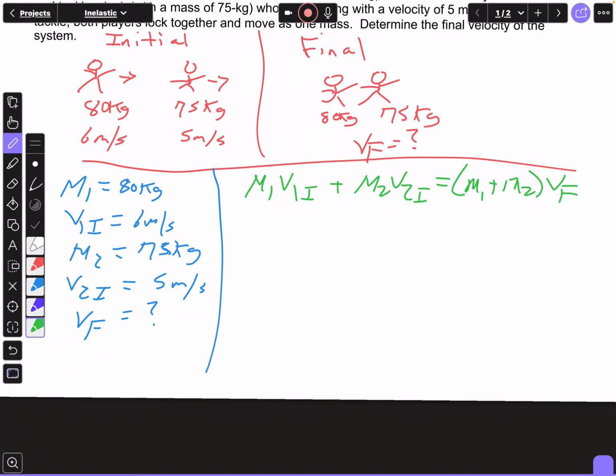So I'll plug in my numbers. M1 is 80 times V1I, which is 6, plus M2 is 75 times V2I, which is 5, equals M1 plus M2, so that would be 80 plus 75 times my unknown, which is VF. Now we're just going to use algebra to solve for this.